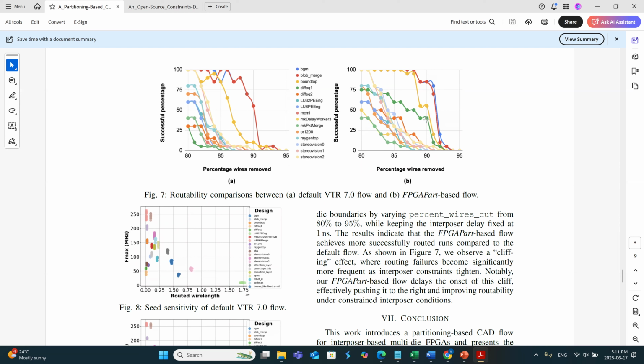At 90% of the wires removed, they still got a pretty good chance of routing it, whereas here it was maybe 50-50. And they've got some that are routing at maybe 92%, whereas here there's really nothing there. So they have pushed out the frontier of when does it break somewhat. Does that make sense? No, that makes lots of sense. And the axis starts at 80, and that was the number that was reported from the prior paper, so that makes sense. Yeah.